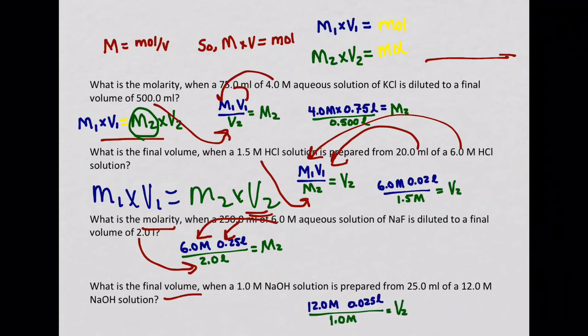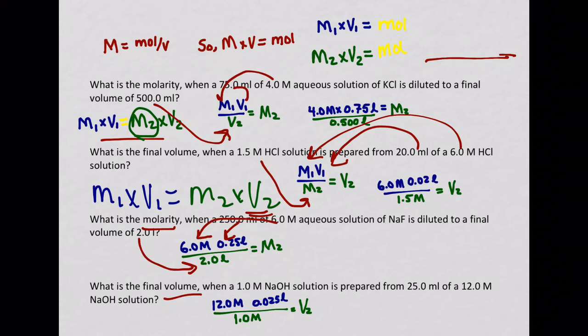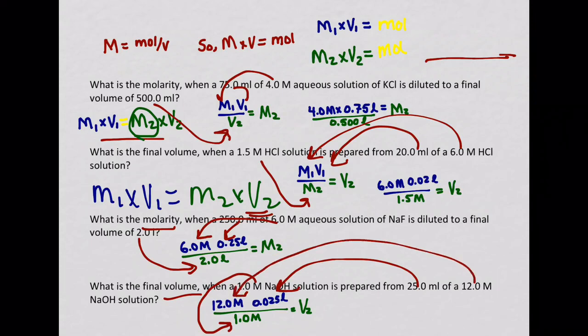Okay, and let's look now at the last one. Hope again you came to this relationship right here. This is the concentration we want to prepare. This is how many mL of this initial concentration, and so it'll allow us to get that volume right there in making this 1 molar solution from this 12 molar solution.